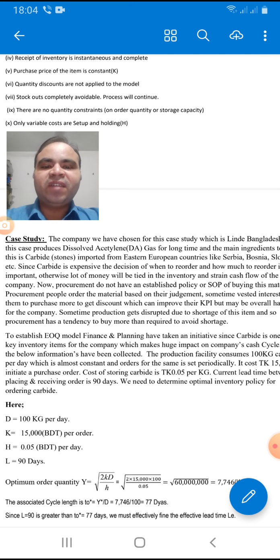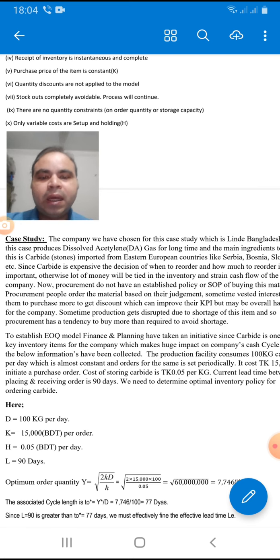Sometimes they have some vested interest, like if they get a discount, they will order more than is required and keep the inventory in a warehouse, putting strain on our cash cycle and turning cash into inventory. So in order to solve this problem, I have tried to implement an EOQ model to find out how much to reorder and when to reorder.